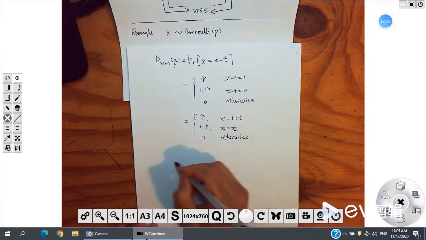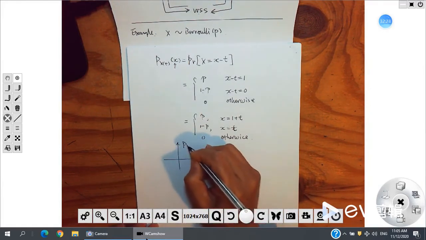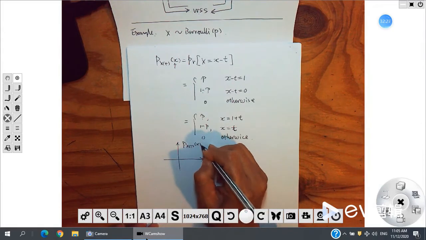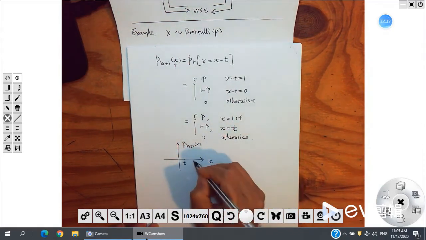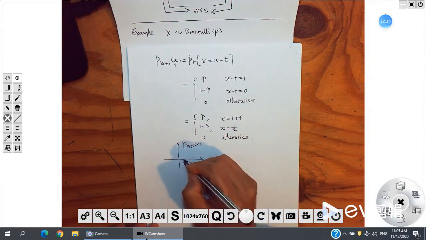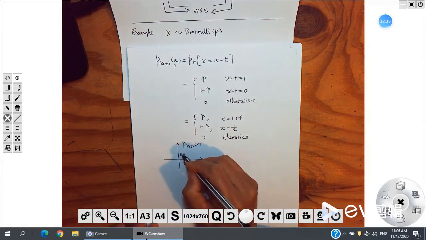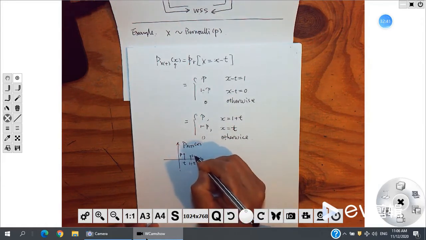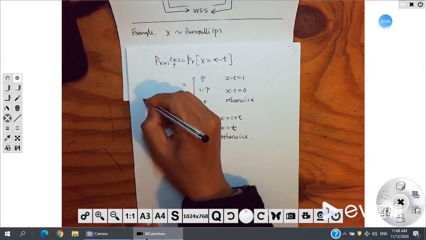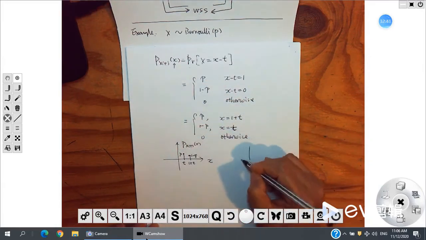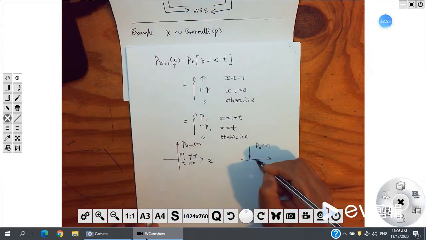It looks like this. This is x, and this is P_{X_t}(x). It will be at time t, and 1 plus t. Then we have probability one is p, lowercase p, one is 1 minus lowercase p.